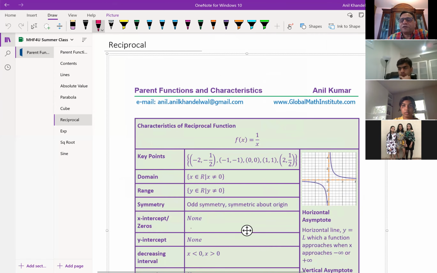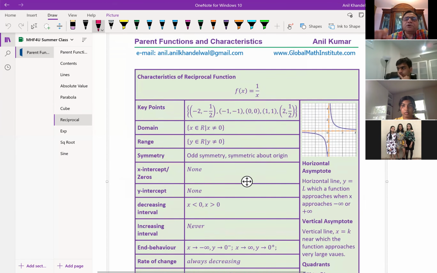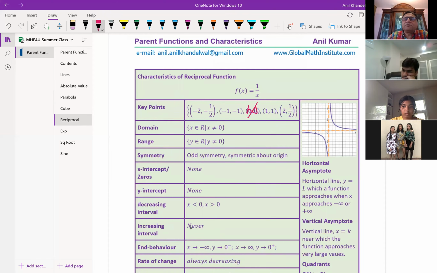Okay, reciprocal function. Reciprocal function is 1 over x. And the graph is kind of like this, as shown here. The key points are mentioned. So reciprocal of 2 is 1 over 2, reciprocal of minus 2 is minus 1 over 2, right? Reciprocal of 1 is 1, reciprocal of minus 1 is minus 1. And as far as 0 is concerned, it should not have been there.